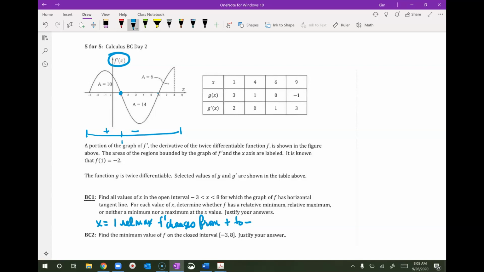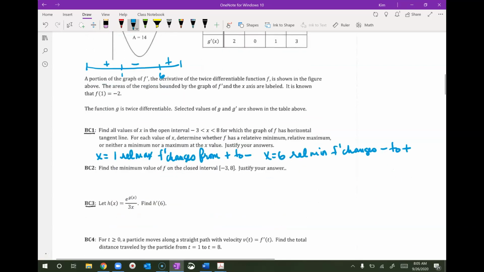Okay, over here at x equals 6, we have the other happening. F prime goes from below to above. So at x equals 6, we have a relative min. F prime changes from minus to plus. And there are your answers with your justification. Okay.